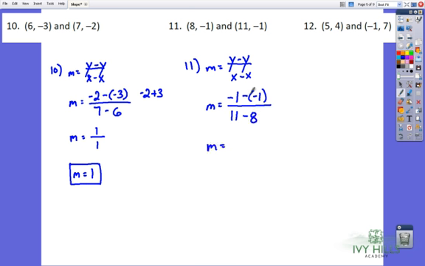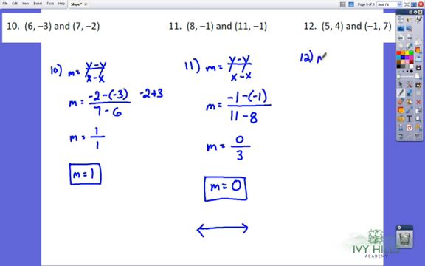So here, negative 1 plus 1 is going to give us 0 in our numerator, and 11 minus 8 is 3. So 0 divided by 3 is 0. Remember, if you have 0 in the denominator, it's undefined, but if you have 0 in the numerator, the slope is going to be 0. And also remember that a slope of 0 is a line that goes straight left and right.